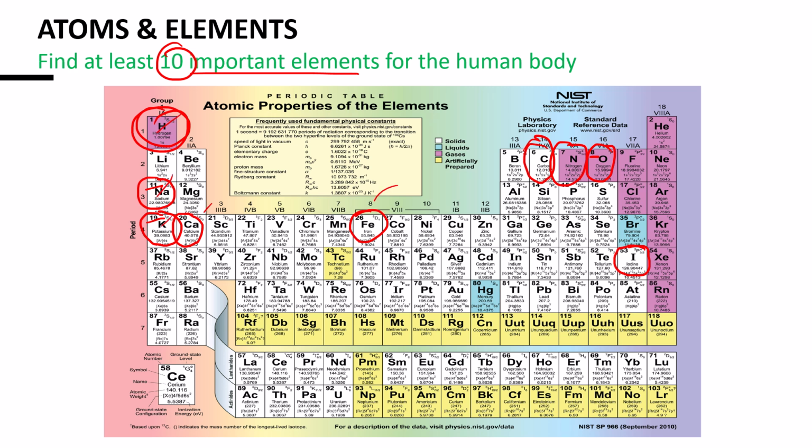Let's pick another one. Magnesium is important. Magnesium is an element that sometimes you can buy over the counter, and there are several types of magnesium. Some of them might be used for people who have constipation, and it helps to improve constipation. Others are for people with insomnia, difficulty concentrating, or anxiety.